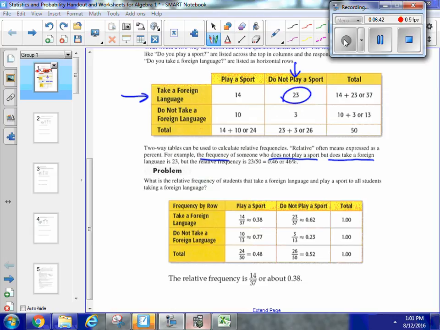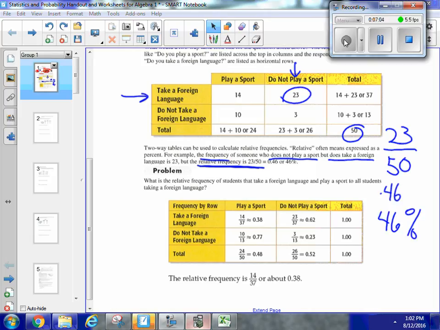But the relative frequency in terms of the entire population of students would be 23 people divided by the total of 50 students. That would be 0.46 or 46%.